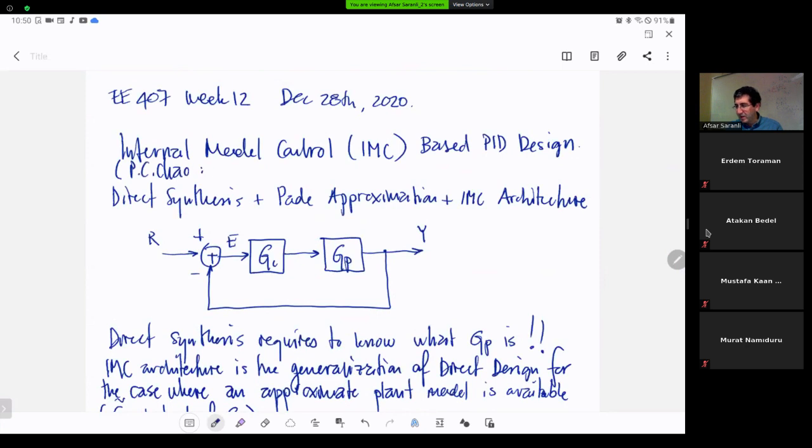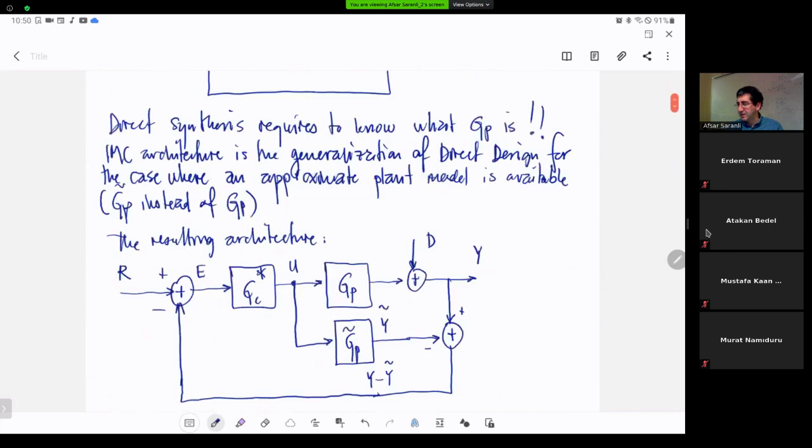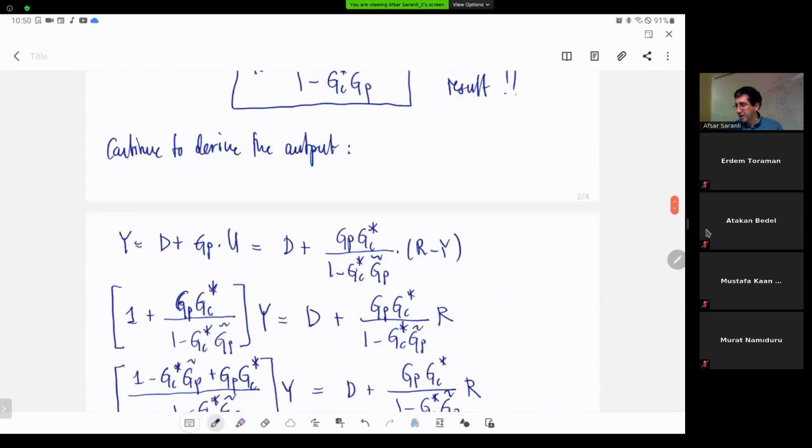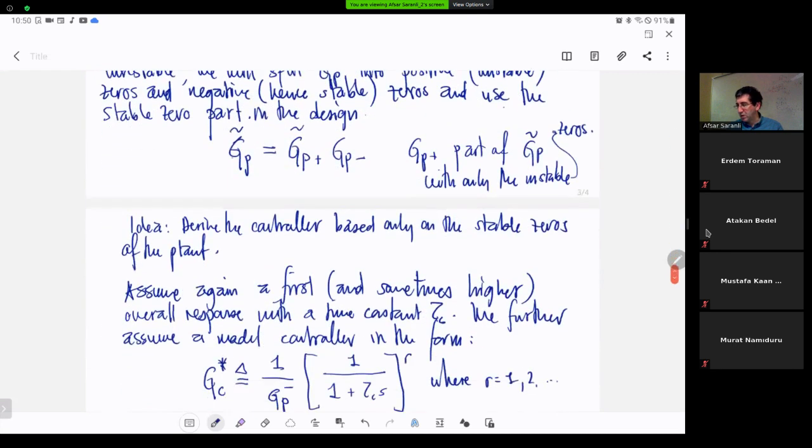Process Control, a first course in MATLAB. There is a chapter or a section on this topic, and it also goes over all these derivations.